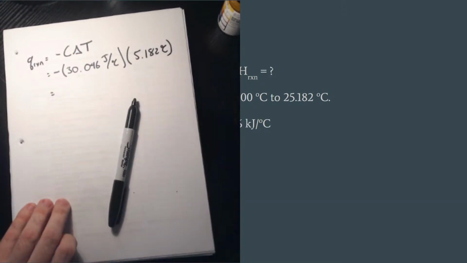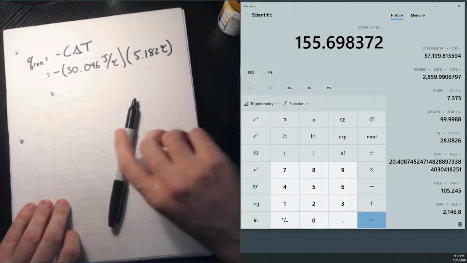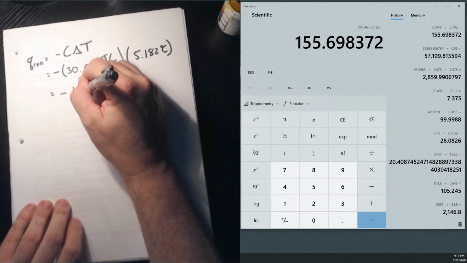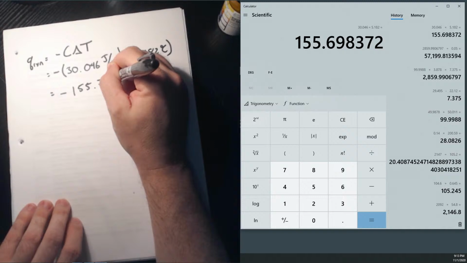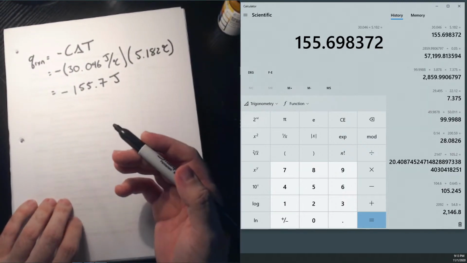So we multiply those two numbers together. That gives us negative 155.7 joules of heat released by this particular reaction.